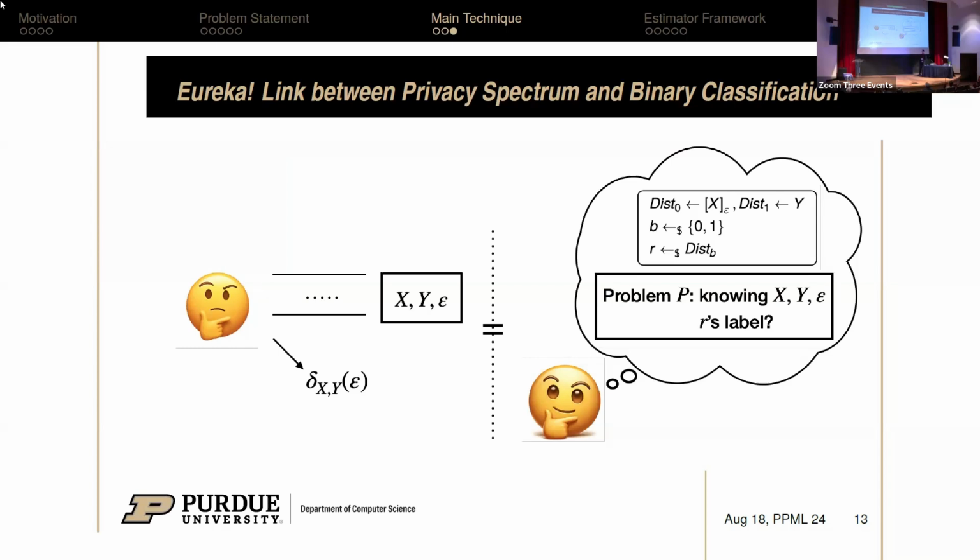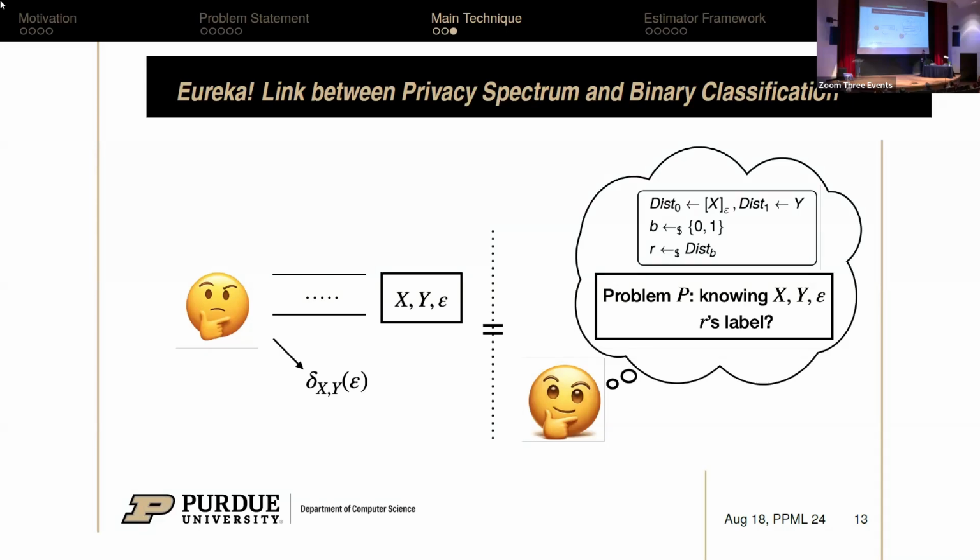I will not give a formal expression here, but the main idea is to find the equivalence: an algorithm that can exactly compute the indistinguishability spectrum can be turned into the best classifier for solving the specific binary classification problem P.